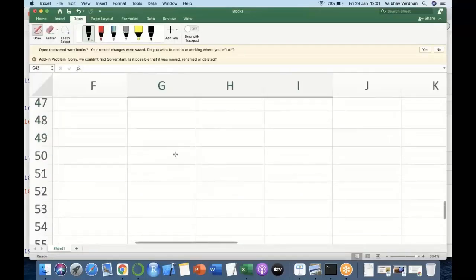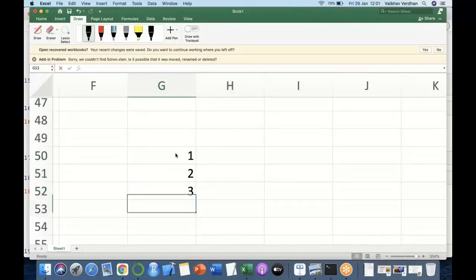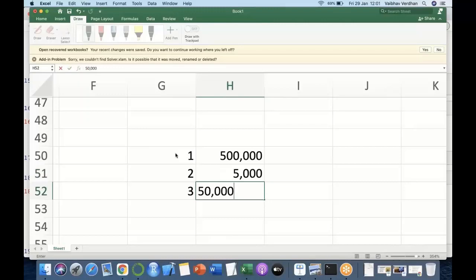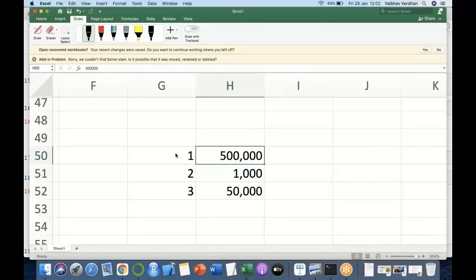Let me take 3 clusters, 1, 2, 3, and one cluster has 500,000 values. The second cluster has 5,000. Or let me make it 1,000. Now you can see that to maintain the 500,000 cluster, it will be quite a pain for me.